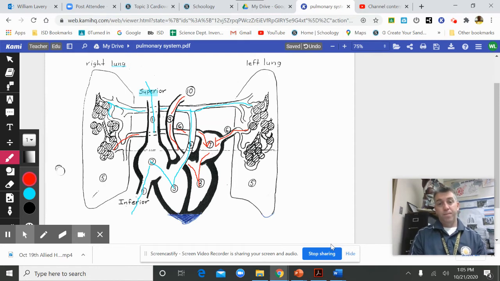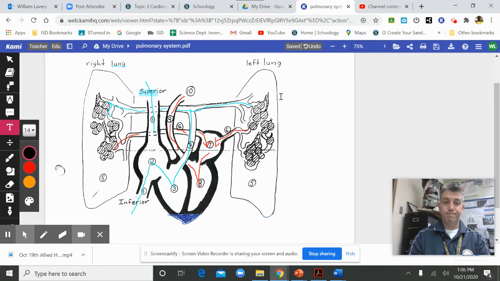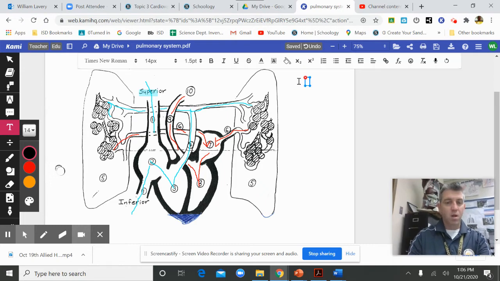So let's go through that and label them. Number one is the inferior and superior vena cava.